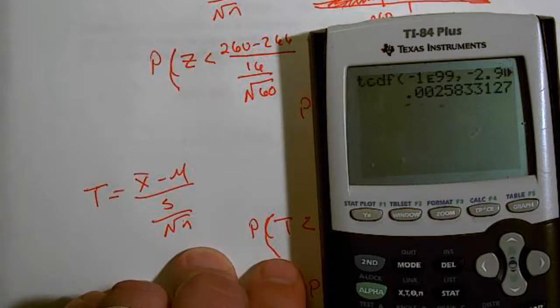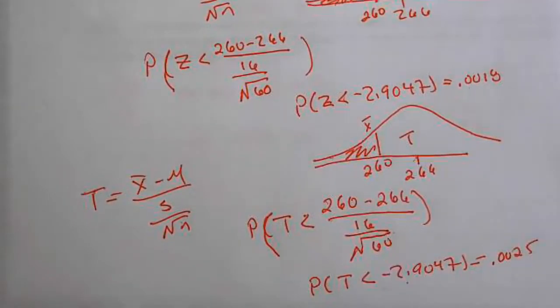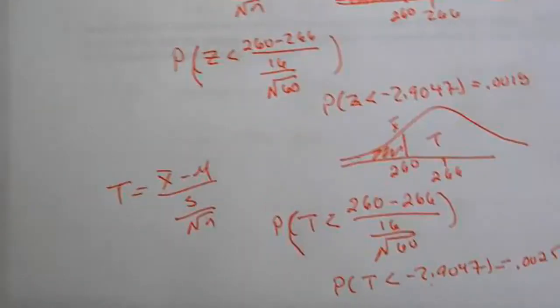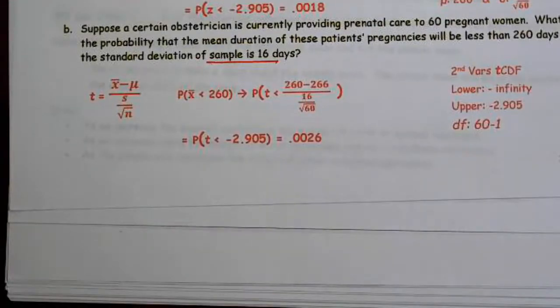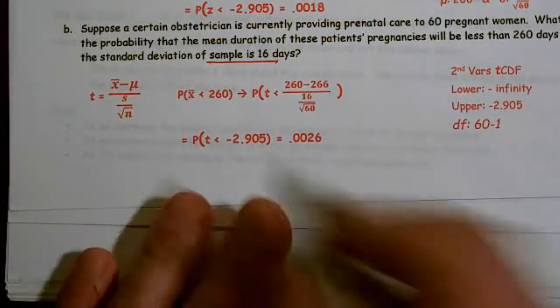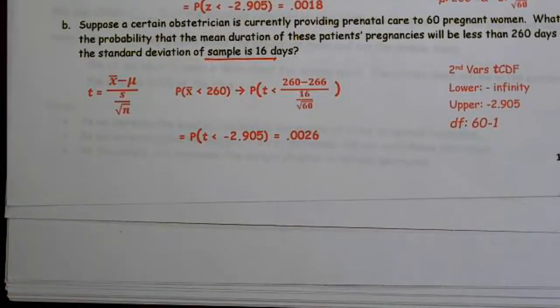And we're going to get about the same thing, about the same 0.0025. Okay? So the main thing is you have to use the T distribution if you're using the standard deviation of the sample. If you have the standard deviation of the sample, you must use the T distribution. Otherwise, the rules are essentially the same. The underlying distribution has to be normal, or the sample size has to be 30 or greater. All right, thank you.